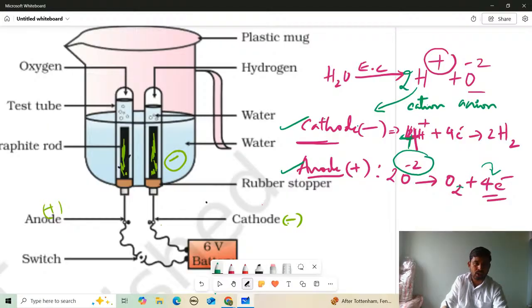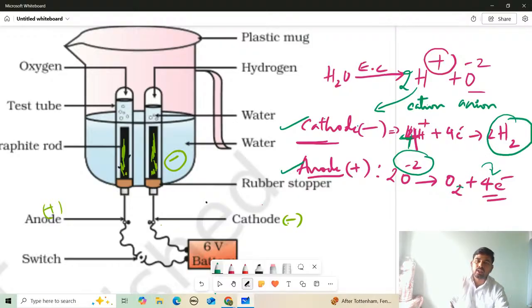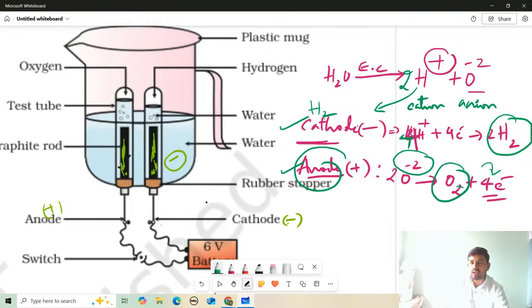So in this reaction, which gas can we expect near the cathode? Hydrogen gas. Similarly, which gas can we expect near the anode? Oxygen gas. You see here how many hydrogens are produced. For every one oxygen, two hydrogen molecules are going to be produced.